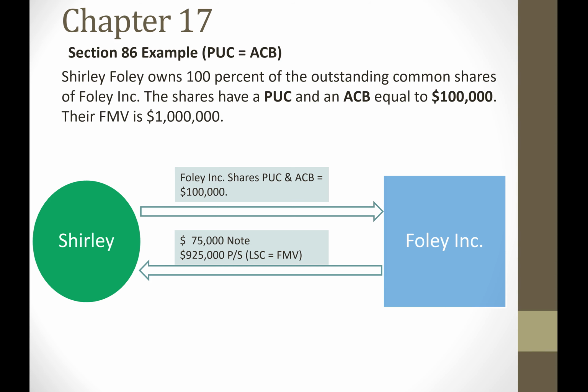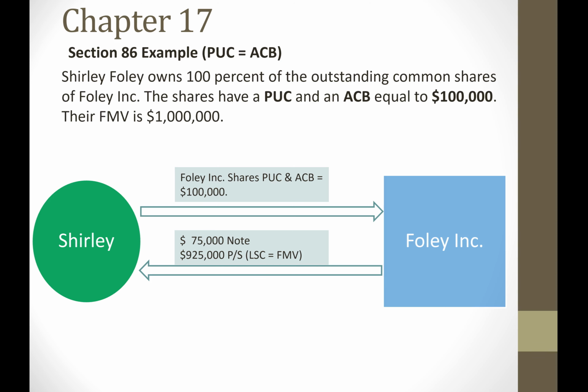So under a Section 86, she's going to give up her Foley Inc. shares that have a PUC and ACB of 100,000, but she needs to take back value equal to the fair market value of those shares. The fair market value of those shares is $1 million, so she's going to take back boot, which is the note of 75,000, and also preferred shares that have a value of 925,000.